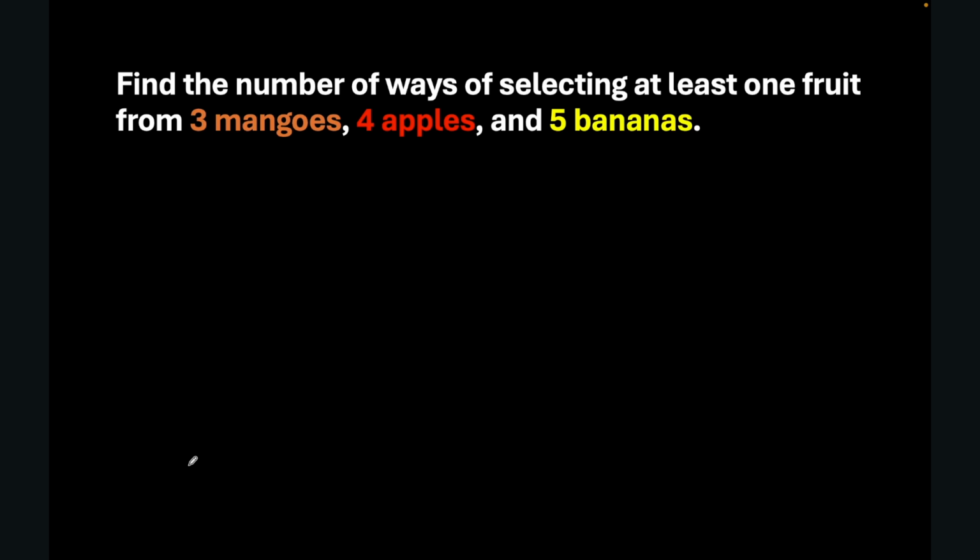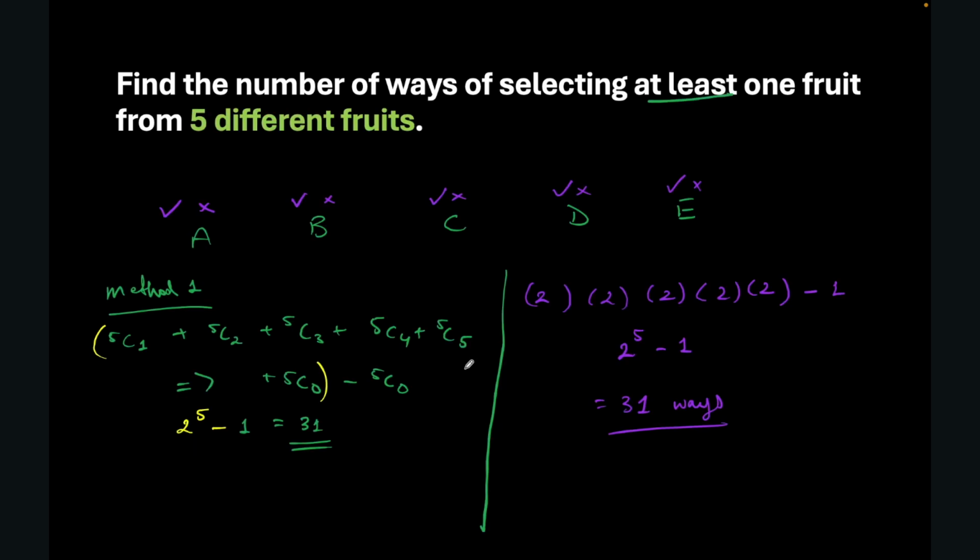Now we have selecting 3 mangoes, 4 apples, and 5 bananas. We can't do 2 raised to the power 3 minus 1 and all of those things. That's not possible. So we're going to have to use the second method, the one I've done in purple here.